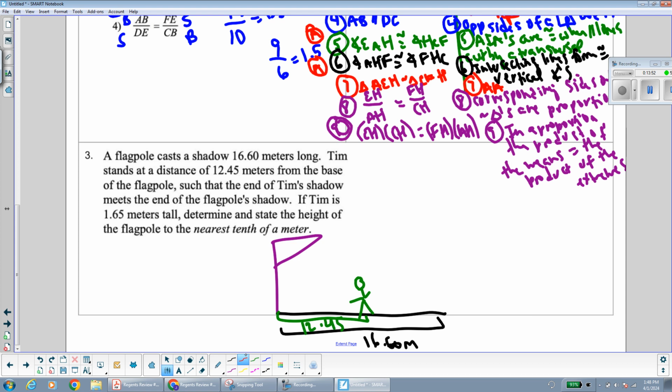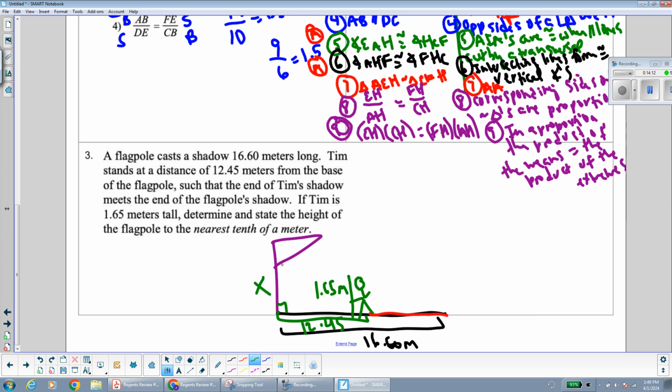And Tim's shadow meets the end of the flagpole shadow. If Tim is 1.65 meters tall, determine and state the height of the flagpole.